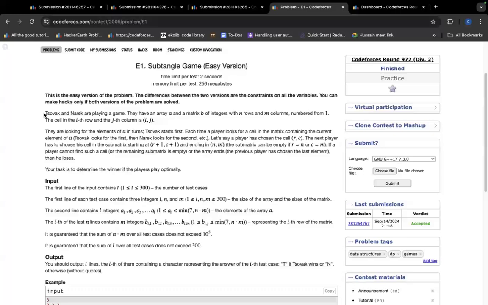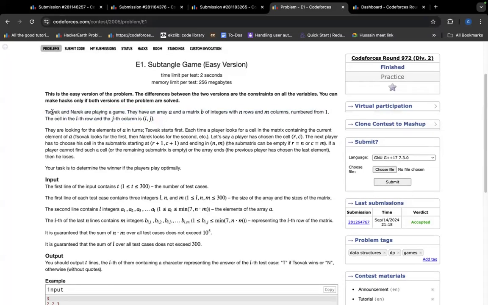Okay. Now, guys, we have a game theory problem today. And what is this problem? Sovak and Narik are playing a game. They have an array A and matrix B of integers with n rows and m columns. All right. They are looking for the elements of A in turns. Sovak starts first.